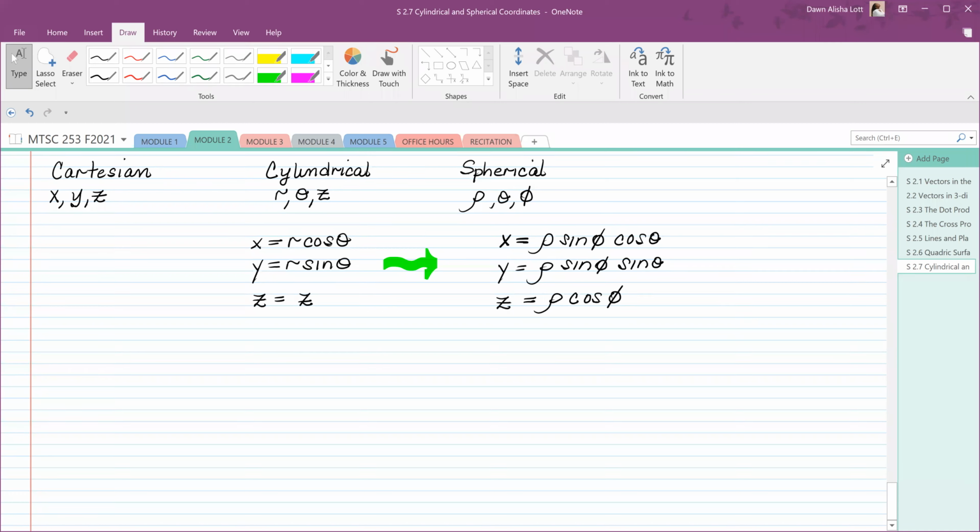So in Cartesian, I have x, y, and z. In cylindrical, I have r, theta, and z. And in spherical, I have rho, theta, and phi. And I can go back between them.